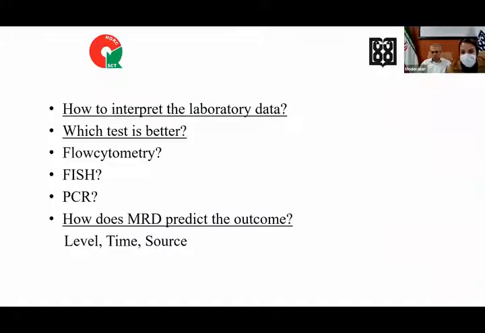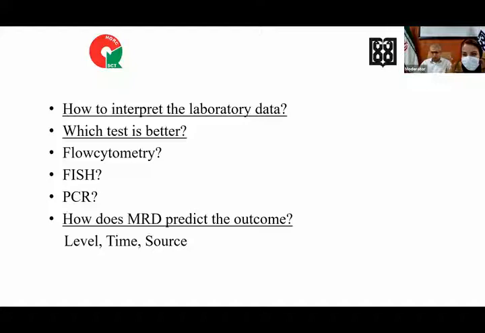Does that make sense? Which log reduction do you consider a complete molecular response for Ph-positive ALL? Well, like anything else, more than 4.5 log reduction, if you see what I mean, or essentially undetectable.